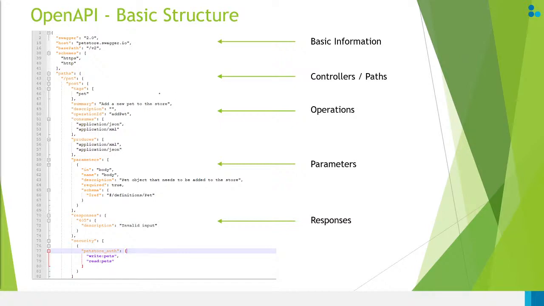The controllers and the path that is going to be used, like I'm going to have this path here. This example is in JSON, okay? So we have a path, and actually the operations, the description of the operations, like what it's going to do, like add a new pet to the store, what the operation ID is, what kind of information it will be consuming.